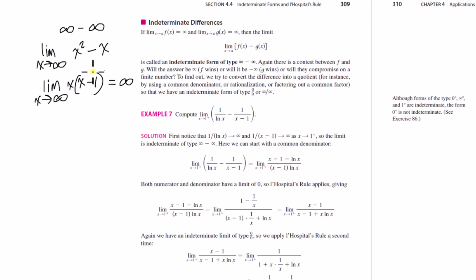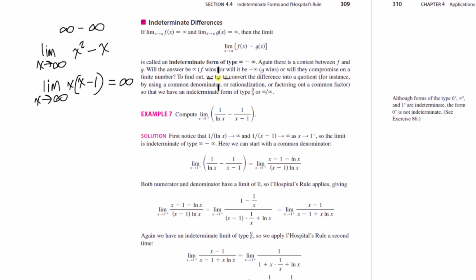So, yeah, okay, this was the method that we used before. We didn't convert this into a quotient. And you do it like this if you can, but the more general way to solve this is similar to what we just saw for the indeterminate products, 0 times infinity. You're trying to convert it into a form.